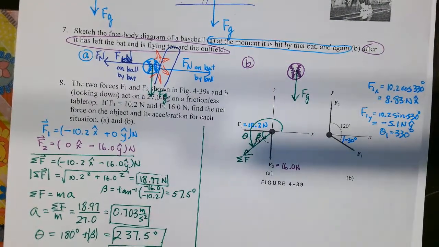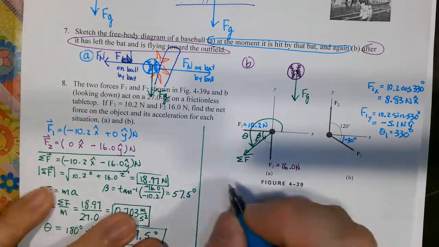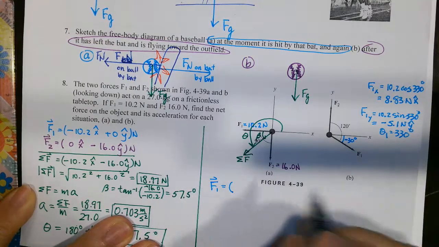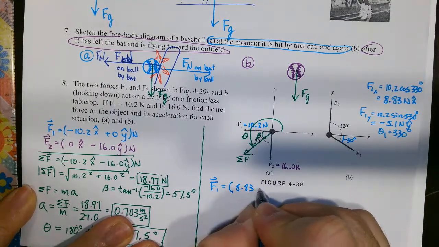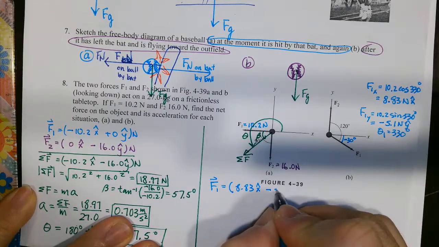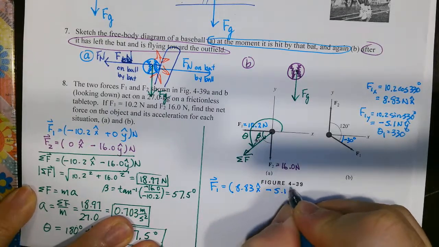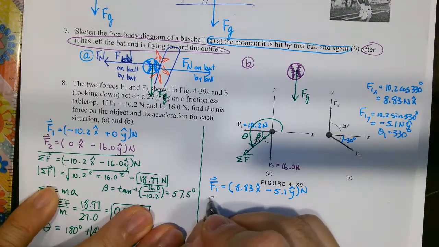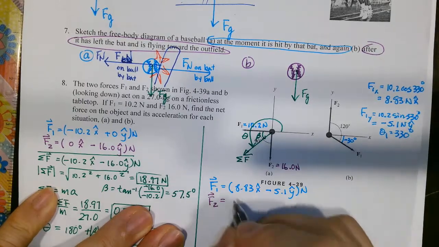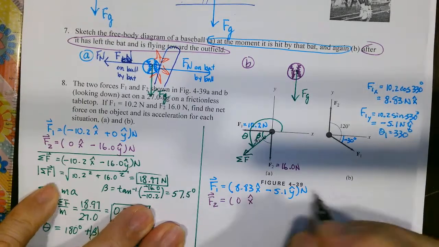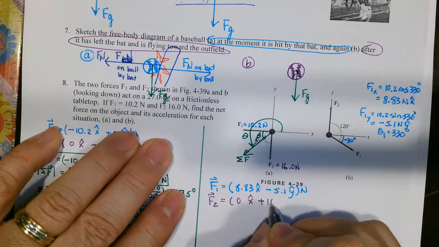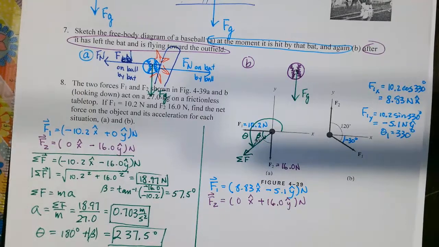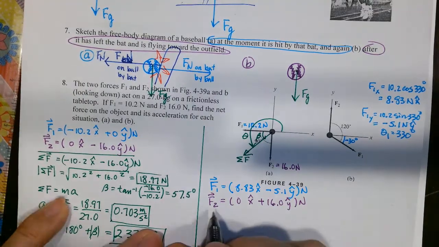So we can just add them up again. Here my F1 is 8.83 x hat minus 5.1 y hat newtons. And F2 is easy, because it's on the axis. F2 is 0 x hat plus 16 y hat newtons.